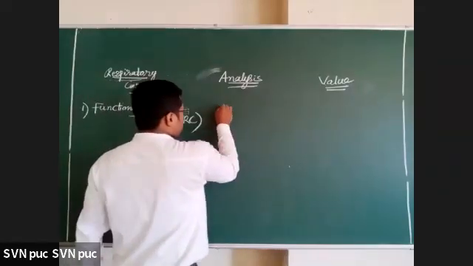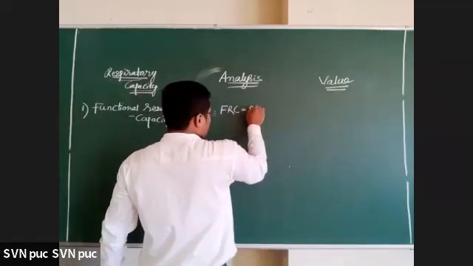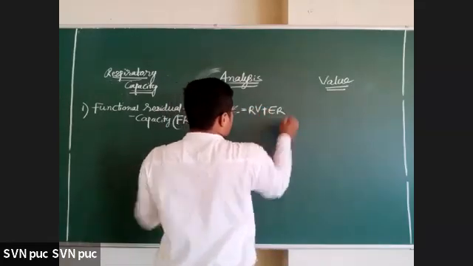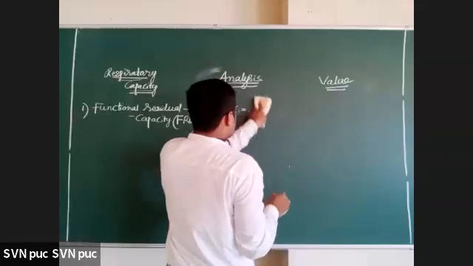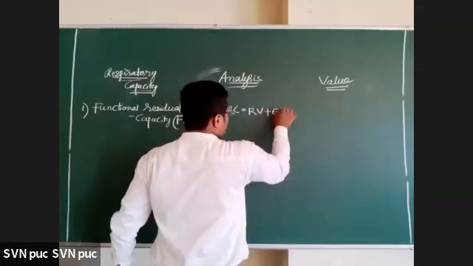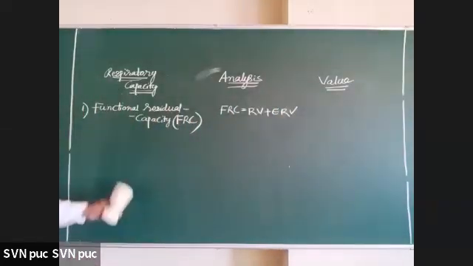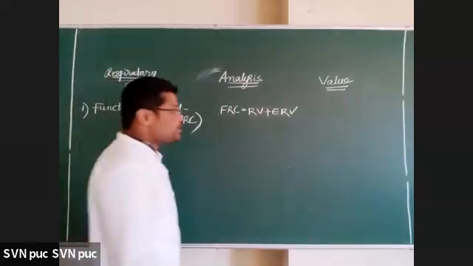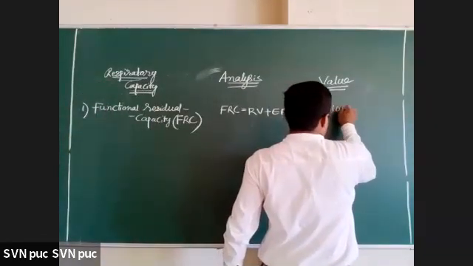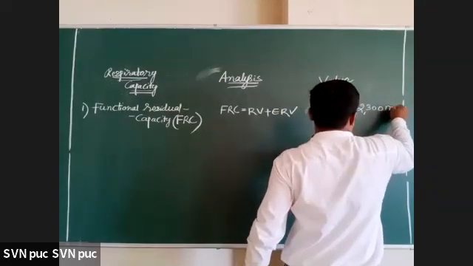Analysis: functional residual capacity or FRC is equal to residual volume plus expiratory reserve volume. FRC is about 2100 ml to 2300 ml.